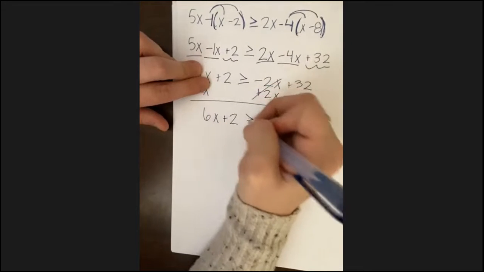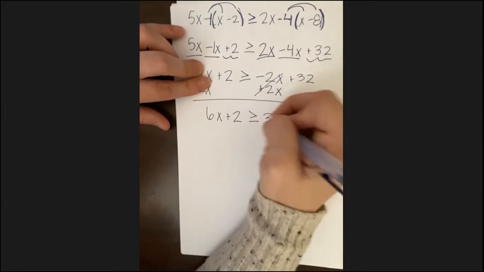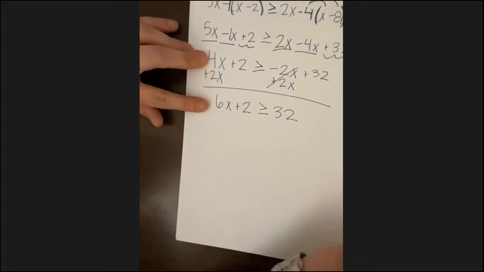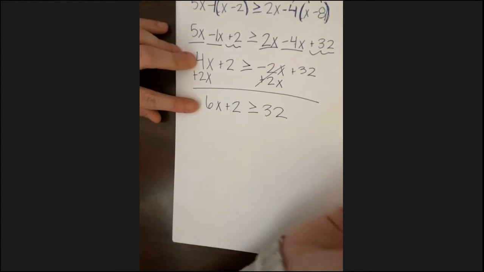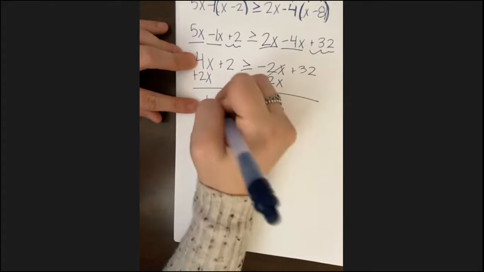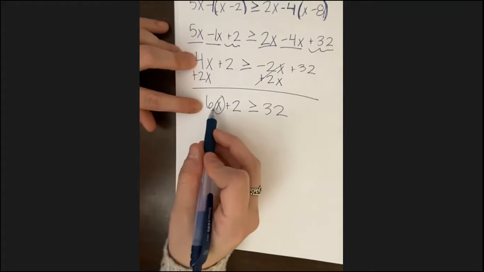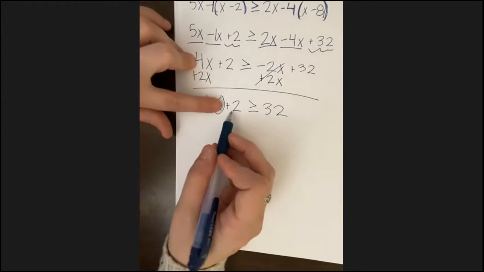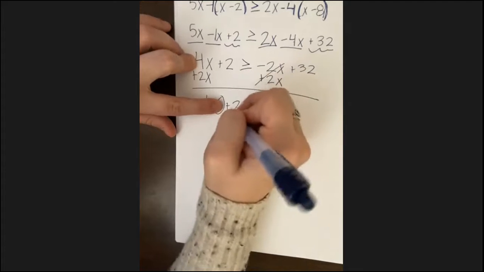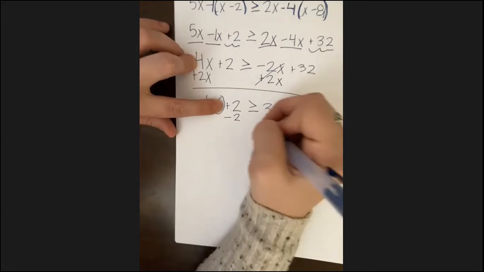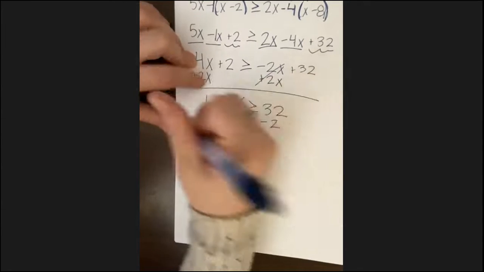Bring down everything else that's crossed out. So I need to get the x alone. We cannot mess with the 6 yet because it's with that x. So we need to get rid of this. It's being added, so we need to subtract it to get it to the other side.